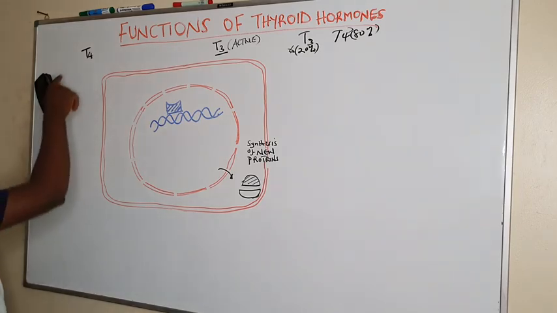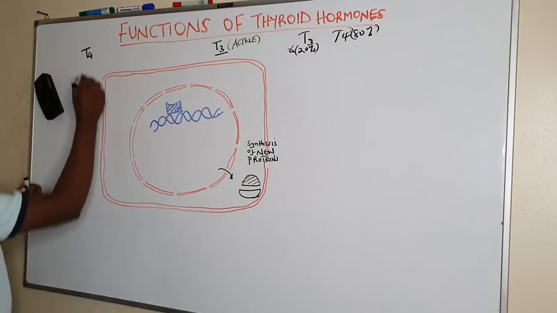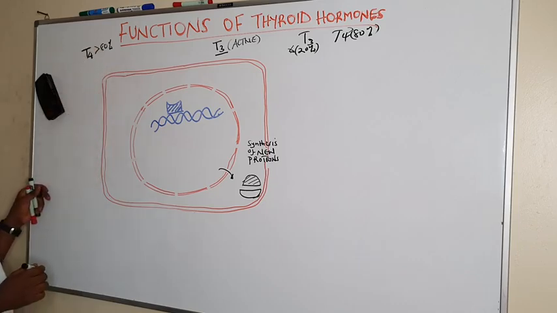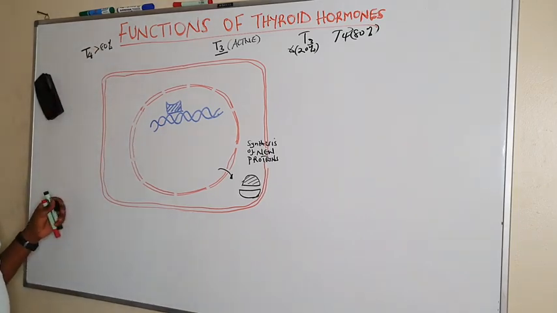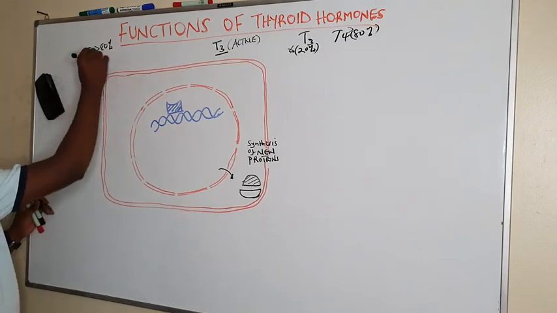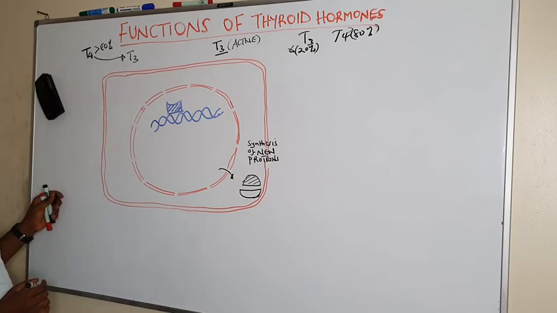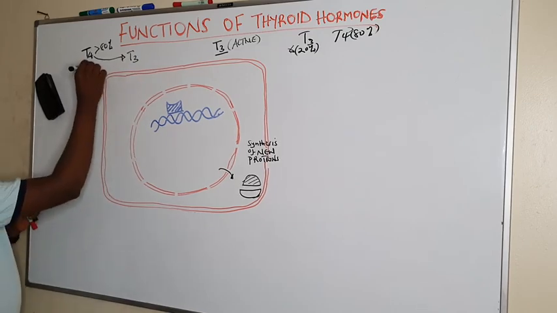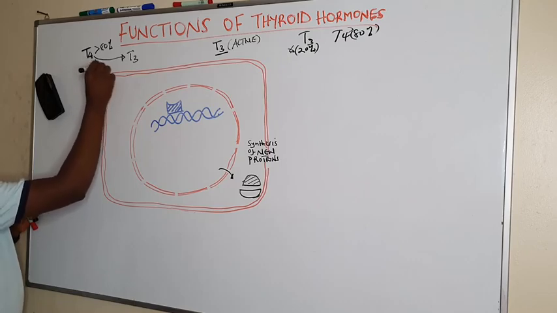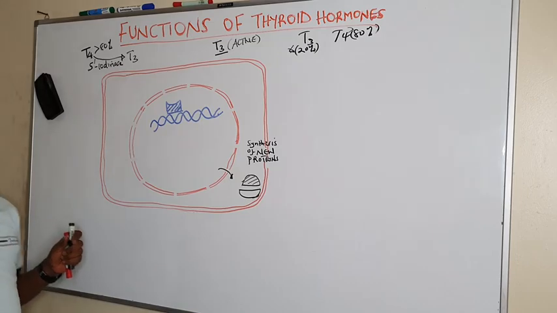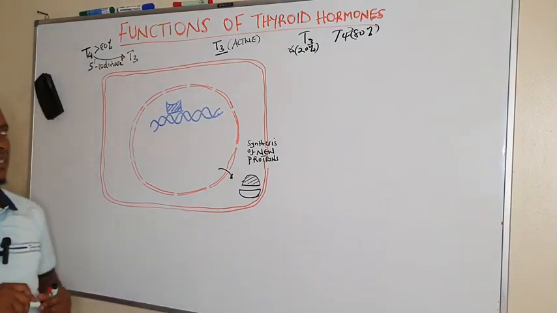So whenever we produce greater than 80% of T4, when it goes to the peripheral tissue, that is the liver and the kidney, it is first converted to T3. T4 is converted to T3 by an enzyme known as 5' iodinase, and some books call it 5' deiodinase.